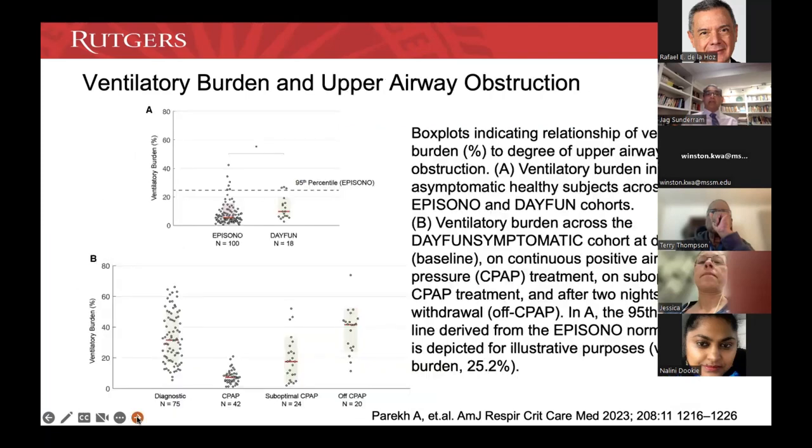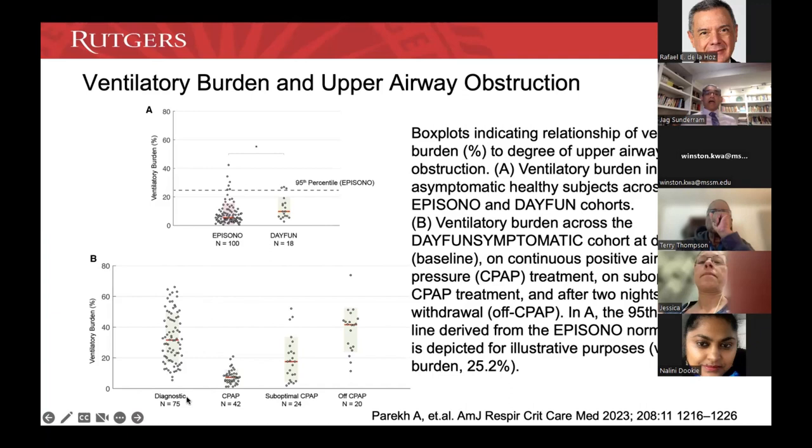They looked at a number of normal people in the Episono cohort and the DAYFUN cohort. These are people who didn't have any kind of upper airway obstruction or sleep apnea. They showed that the 95th percentile of the ventilatory burden was below 25%.